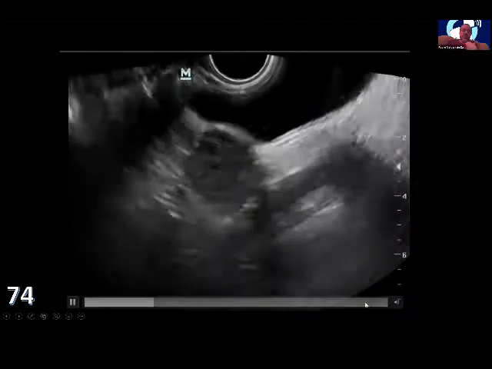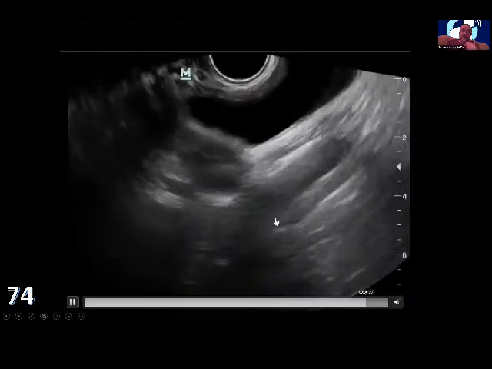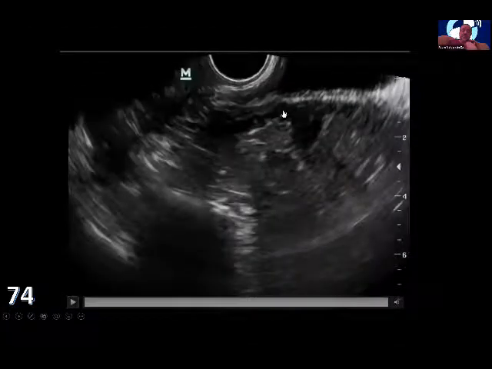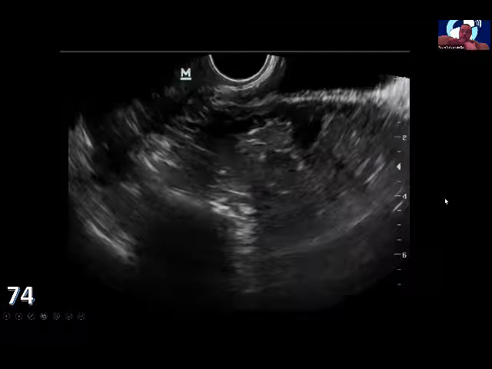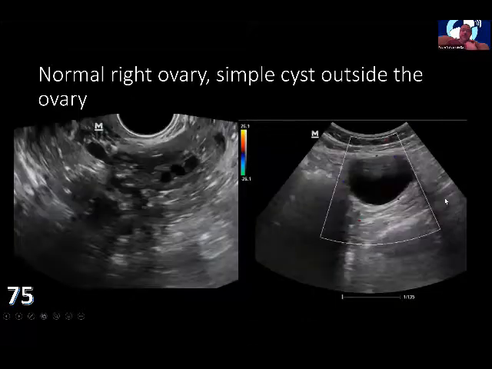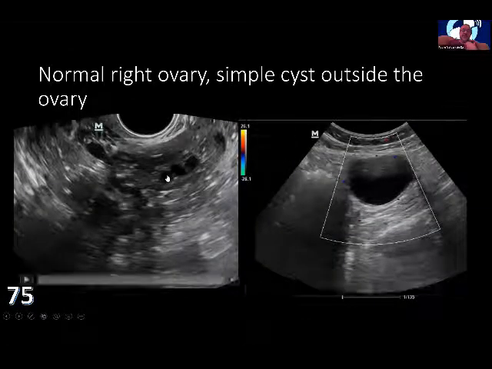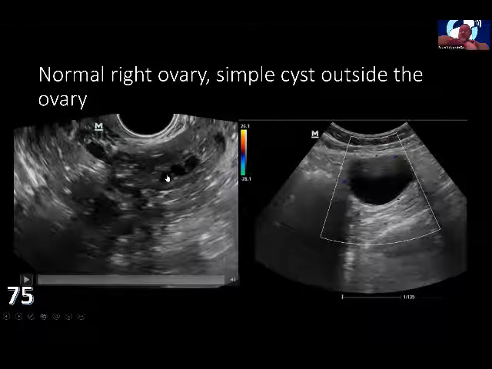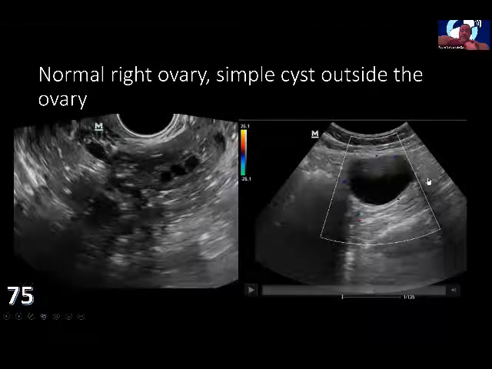You can even see the tube. So the patient did not have an ovarian cyst. This is a simple cyst outside the ovary.